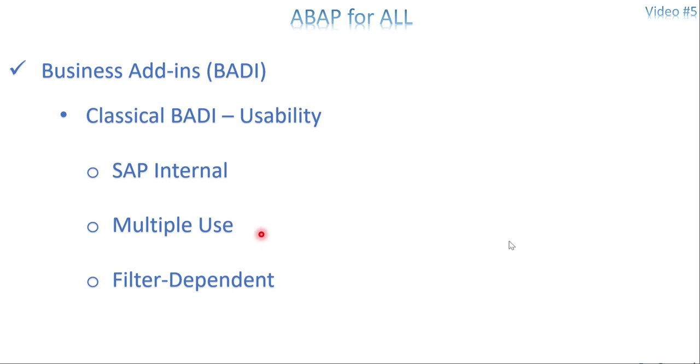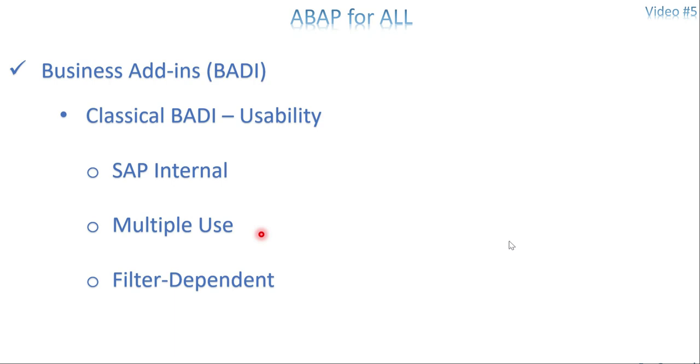And multiple use is nothing but, like the customer exit that can have only one implementation at a time for a particular enhancement or component. If you want multiple implementations, you have to use the existing Z include program to add your own implementation. The same thing is available in BADI, but there is an option.